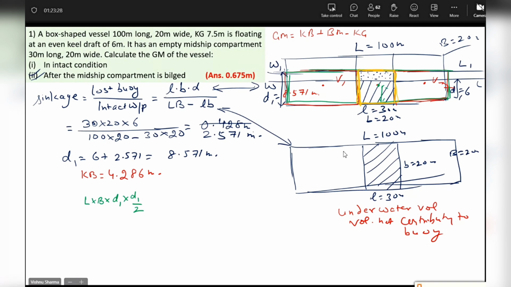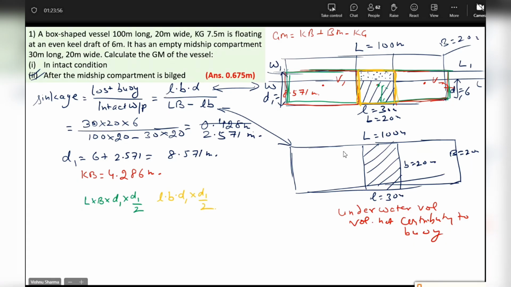So now I'm writing the vertical moment of the underwater volume not contributing to buoyancy. First I identify that volume. That volume is LBD1. Look at the diagram. What will be the vertical lever for this volume? D1 by 2.